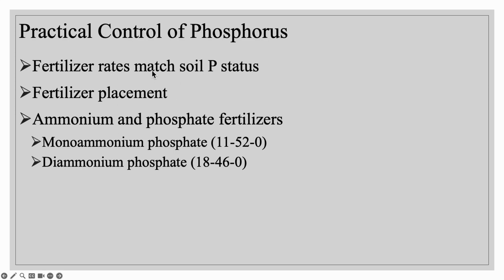The way that we can manage that is to make sure our 4R nutrient stewardship also applies to phosphorus, and that we're applying the right rate and applying it in the right place. We want to put a subsurface banded application of soluble phosphorus right next to the root zone. We don't want our roots to have to try and seek out that phosphorus, because it's held tightly to the soil.